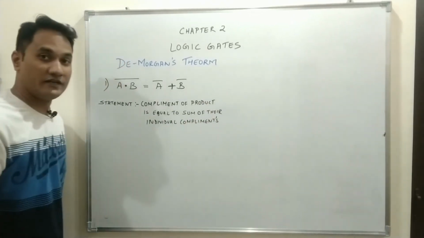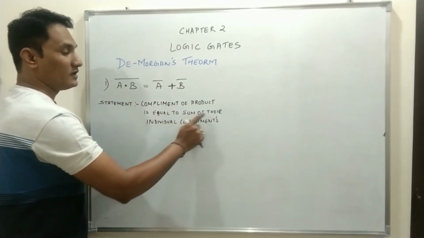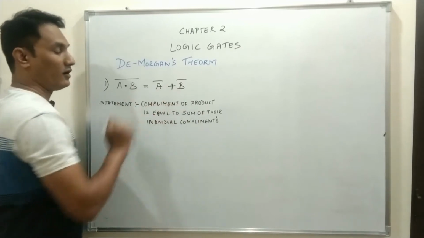So this statement is very important for the first theorem. Complement of product is equal to sum of their individual complements.